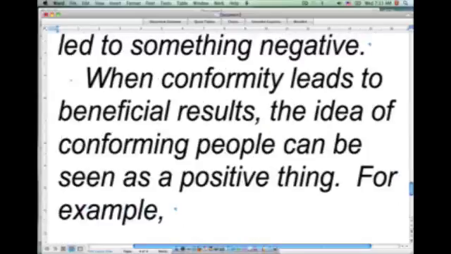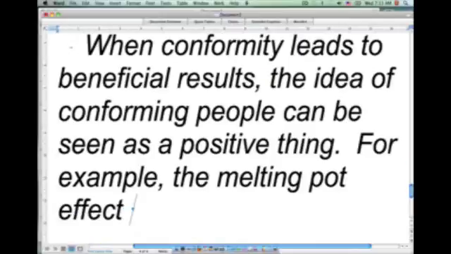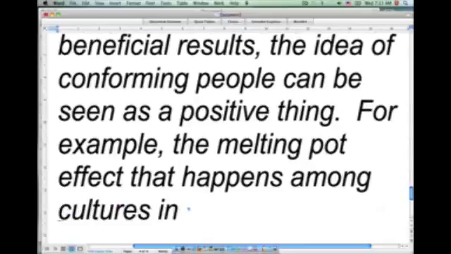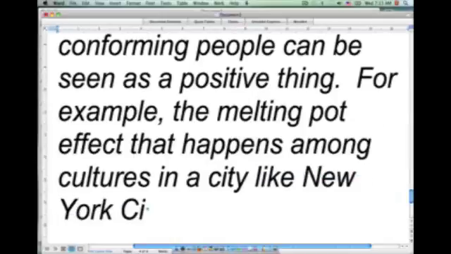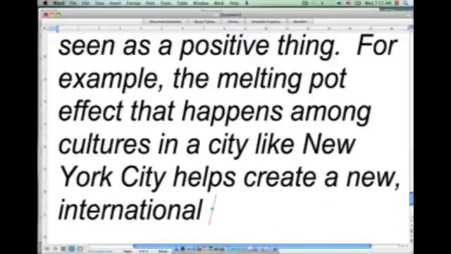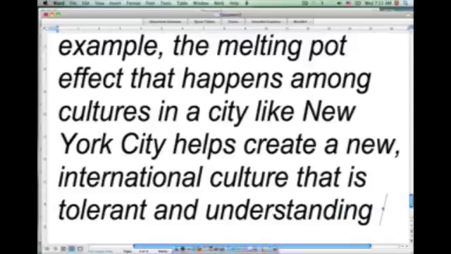So for example, the melting pot effect that happens among cultures in a city like New York City helps create, we'll call it a new international culture, that is tolerant and understanding.